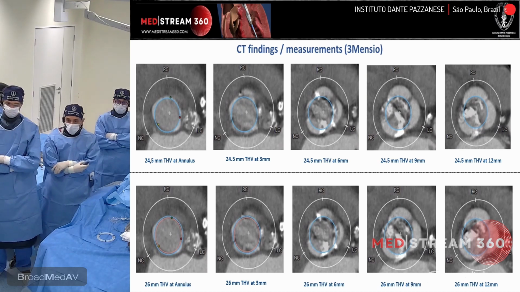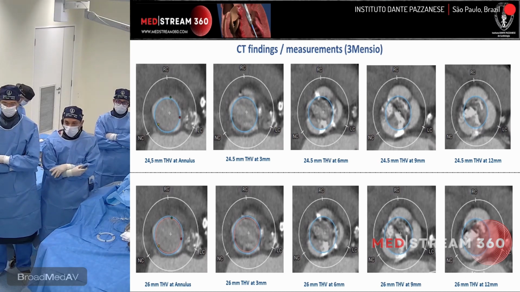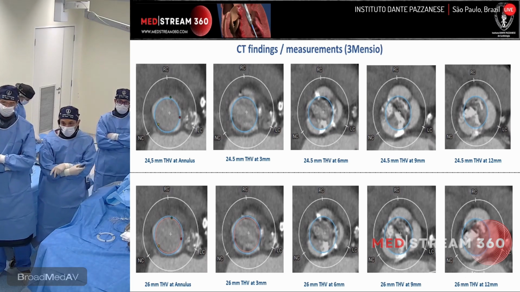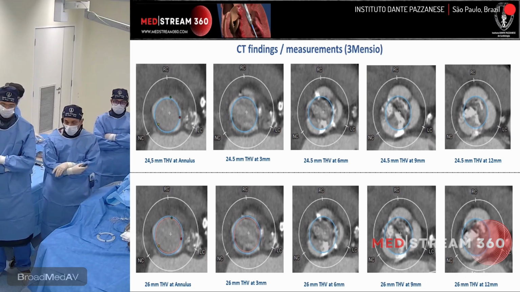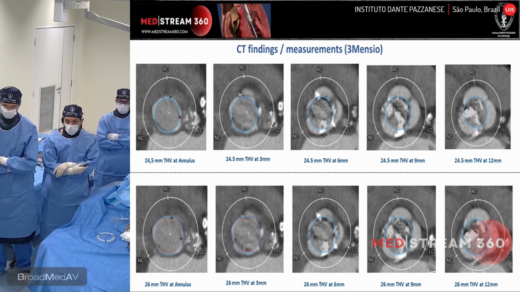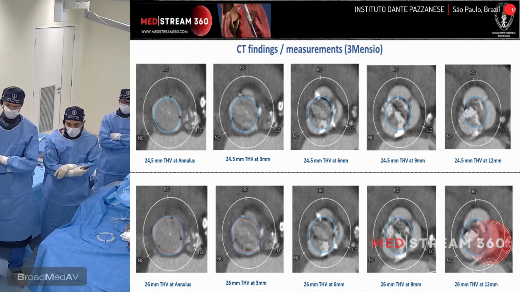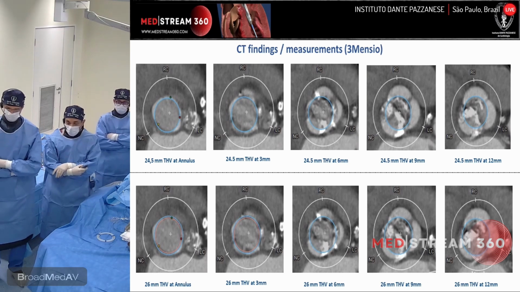And we also simulated two different sizes of valve using the three-dimensional software. We simulated 24.5 millimeters and also 26 millimeters THV.